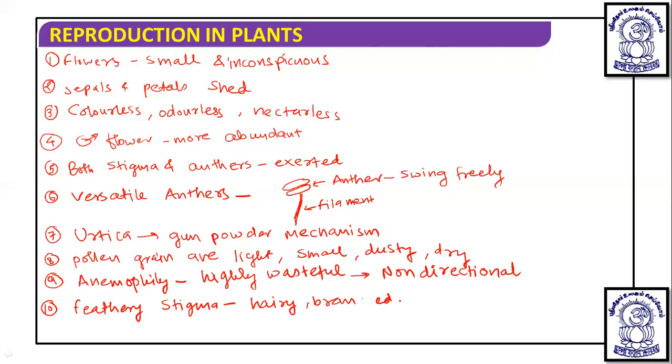If the stigma is hairy and branched, then it can trap or catch the wind-borne pollen grains. Means whatever pollen grains are moving in the wind can be trapped or caught by the feathery stigma. And here a large number of pollen grains are produced.